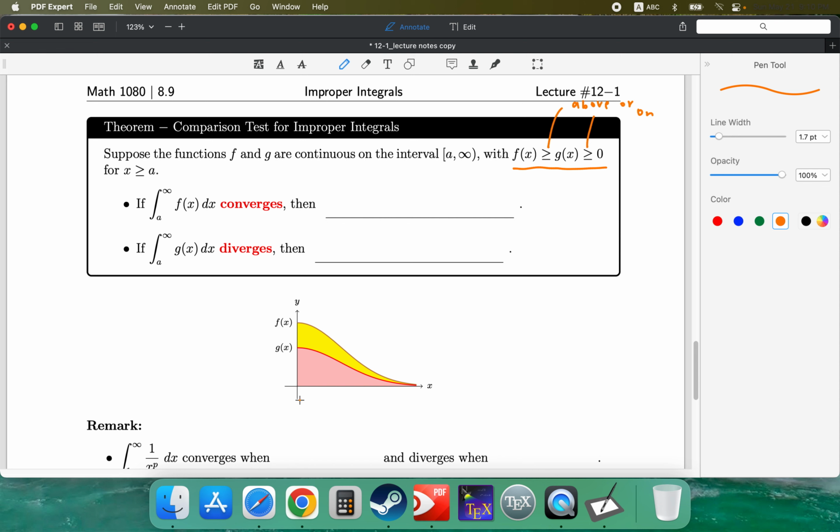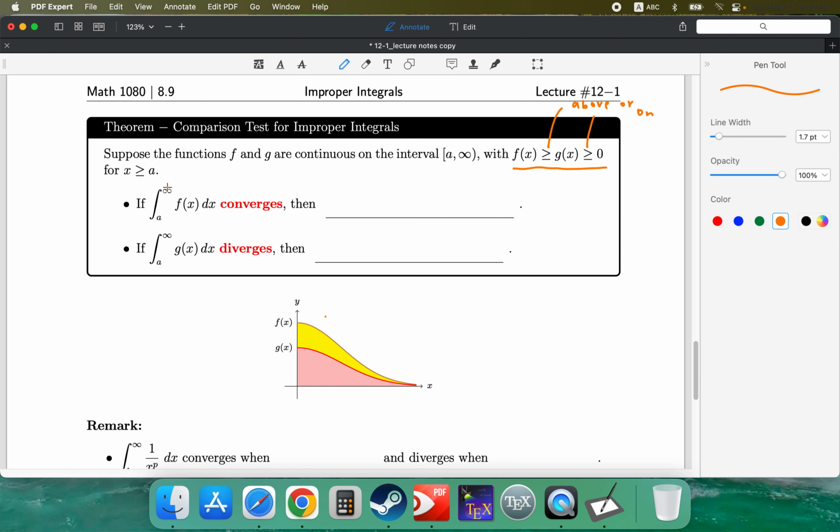Of course right here we assume a equals 0, but this a can be anything. You just need to start. For example, if a equals 2, you just need to start from here. Take a look at this part. If a equals 100, you take a look at this part. So the graph of f is above the graph of g, and they are both above the x-axis.